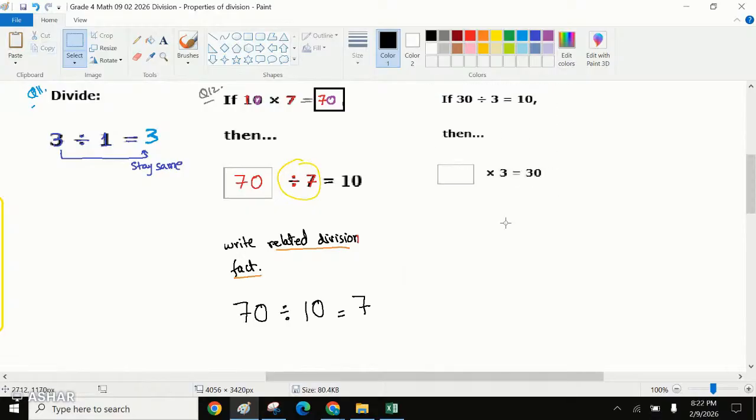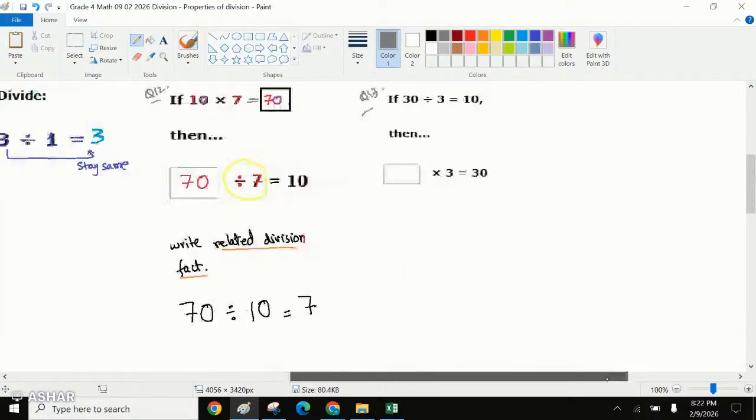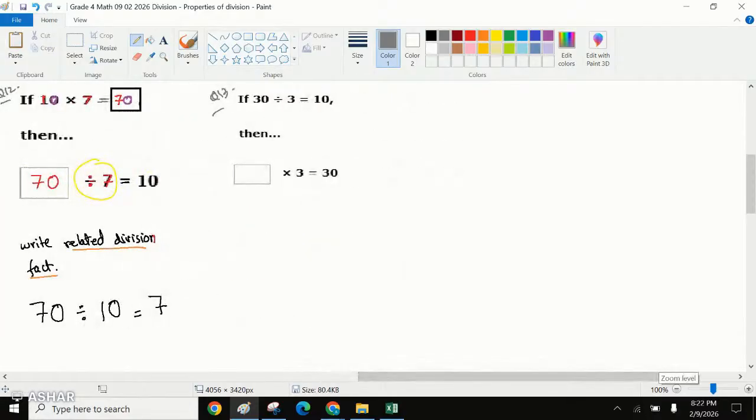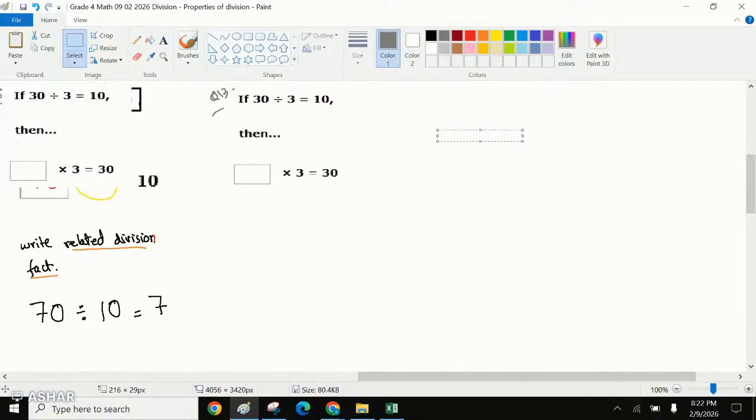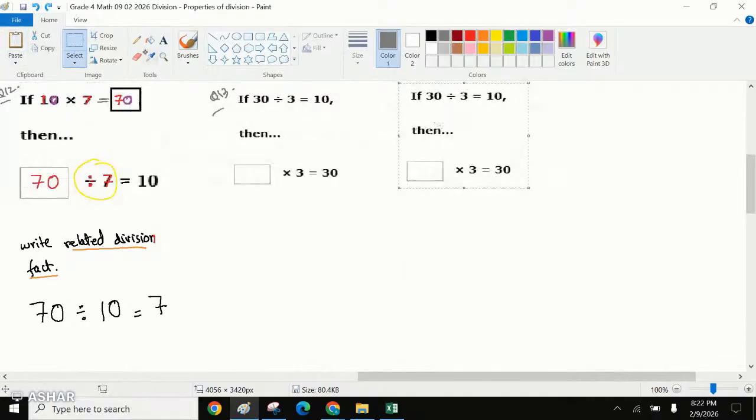Okay. For question number 13, it says, if 30 is divided by 3, the answer was 10, right?